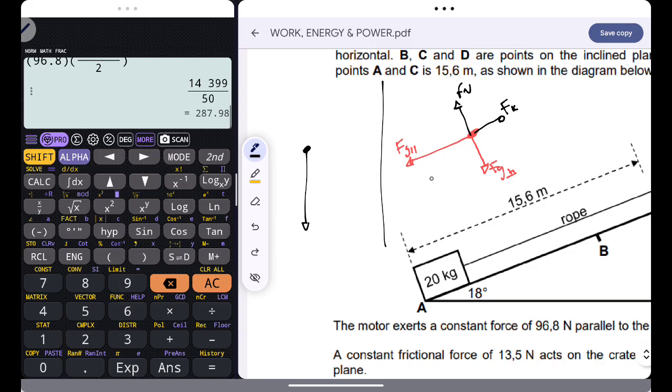You don't have to use the component, you can just use the gravitational force itself, weight, and then obviously you have kinetic friction, which opposes the motion of the object, and then you have normal force, which is perpendicular to the surface.